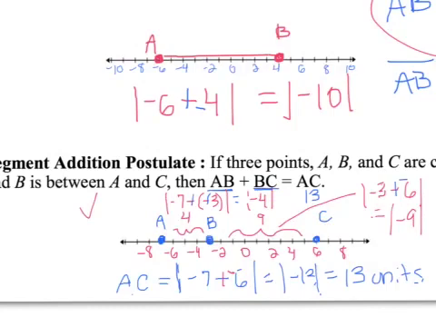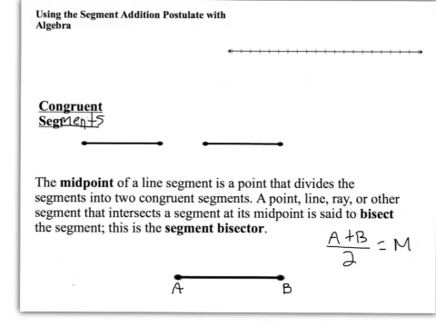So no matter what case you're talking about, if you're told that something is a line, then you can break it into pieces, and adding those pieces together gives you the whole. Now, using the segment addition postulate with algebra, you may see something like this.